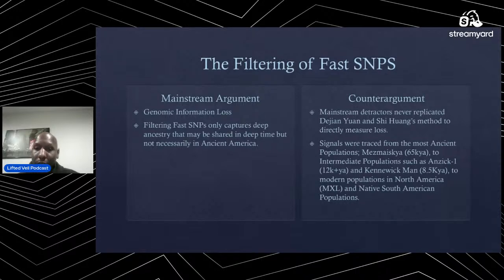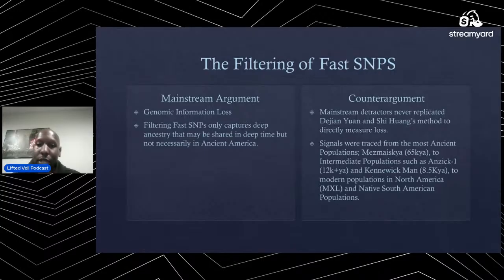My own counter argument to this is that mainstream detractors never replicated Dejian, Yuan, and Huang's method to directly measure loss. So basically, that's a hypothetical claim that hasn't been proven, is what I'm trying to demonstrate here.